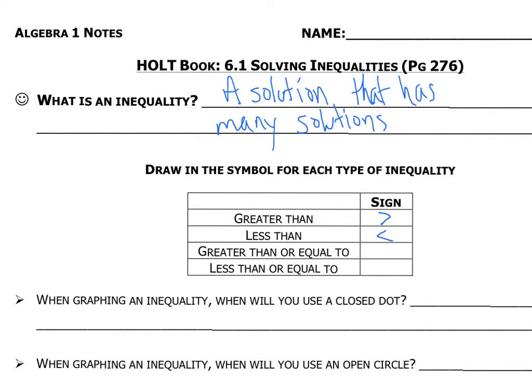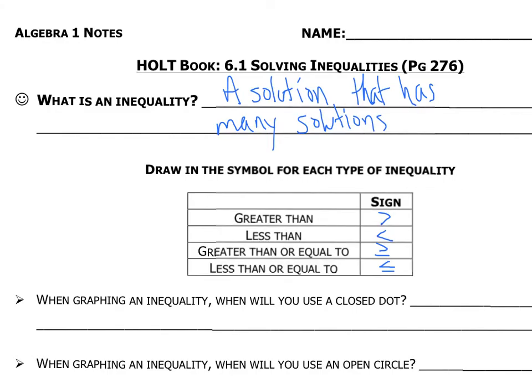Greater than or equal to has the greater than sign with a line underneath it, and then there's less than or equal to. Greater than or less than means it is greater than the number, whereas greater than or equal to means it is greater than or it could be equal to that number.